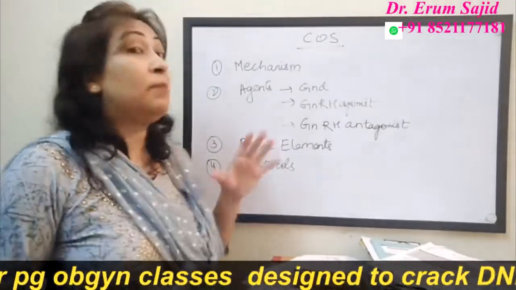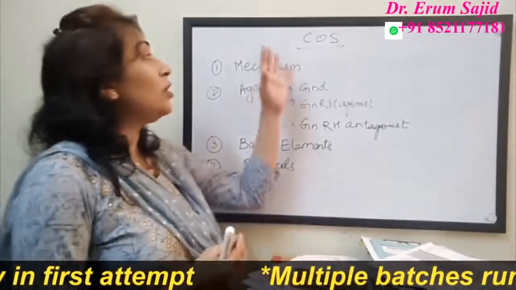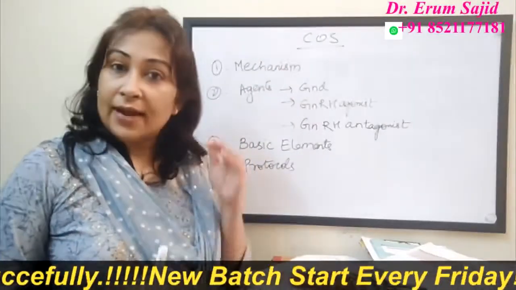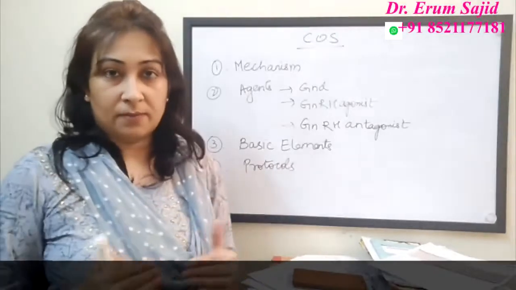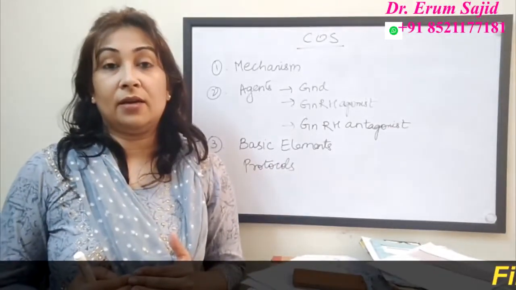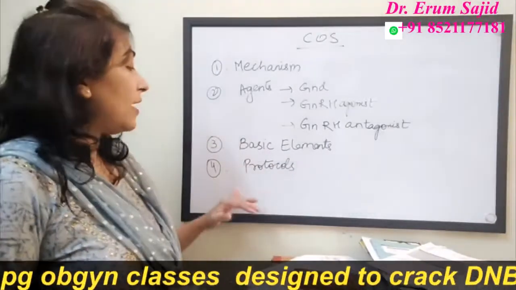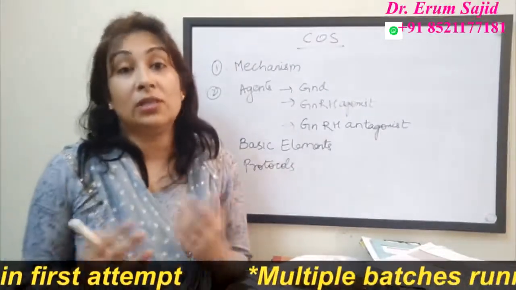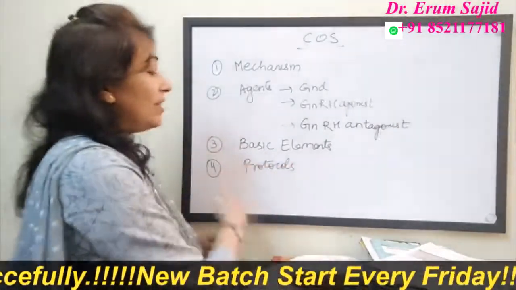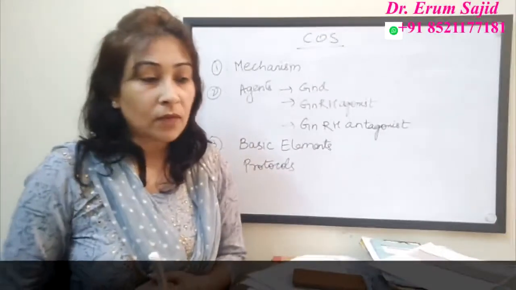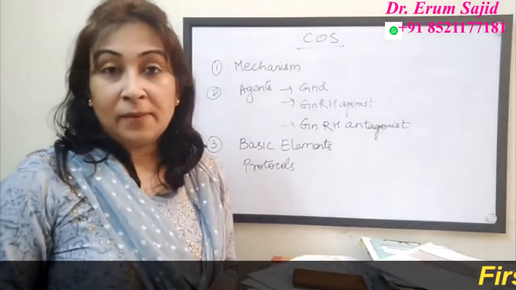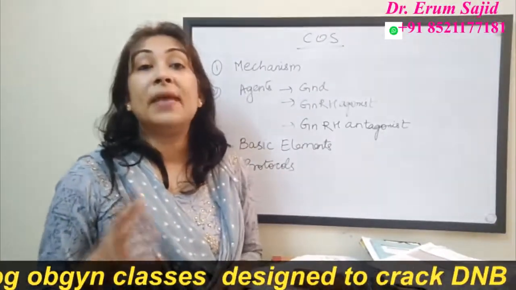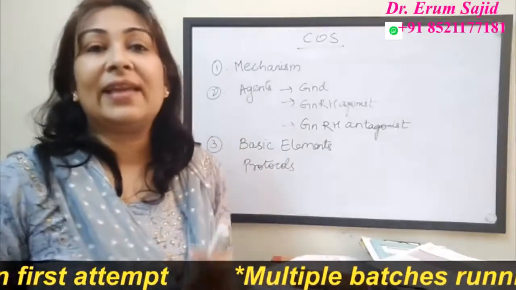Then the basic elements of controlled ovarian stimulation, which is divided into subpoints, and then finally the different protocols which are available, which is the most lengthy of all the lectures. So without wasting any further time, let's first start with the mechanism of what exactly I'm trying to tell you.